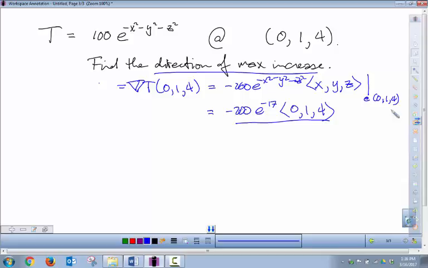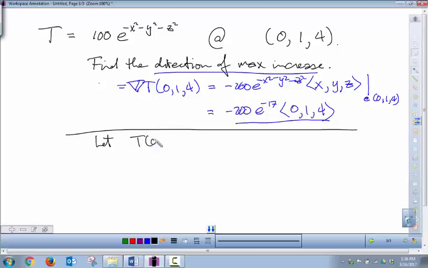All right. So now let's take a look at this as a level curve, or not a curve. Let T of 0, 1, 4 equal T of x, y, z be a level surface.